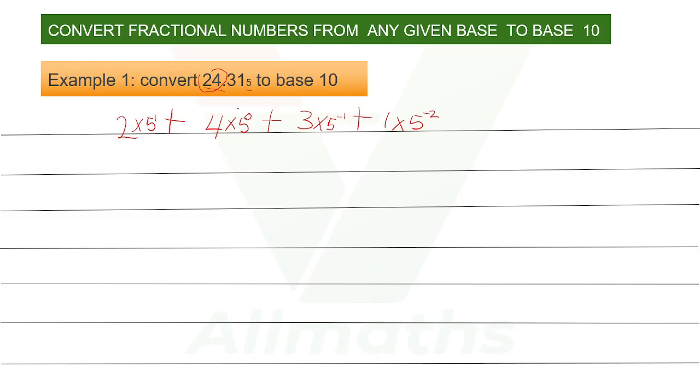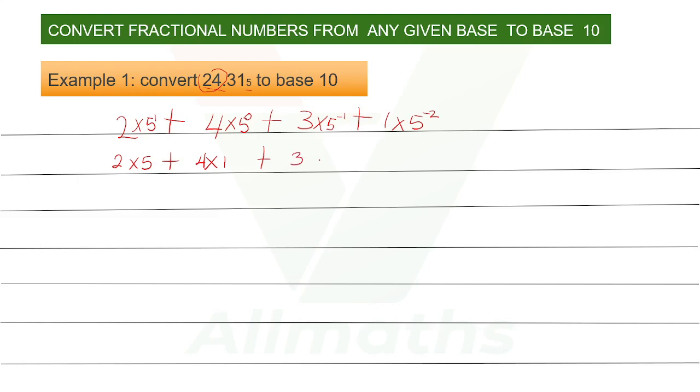All you have to do now is to start applying your prerequisite knowledge to simplify this expression. So here we have 2 multiplied by 5 raised to the power of 1, which is 5. Then 4 times 5 raised to the power of 0. I've explained earlier that anything raised to the power of 0 is 1. Let it be x, let it be 1000, let it be Feyi raised to the power of 0, it still gives us 1. Now this is where the basic knowledge of indices is going to be applied. So we have 3 multiplying 5 raised to the power of -1.